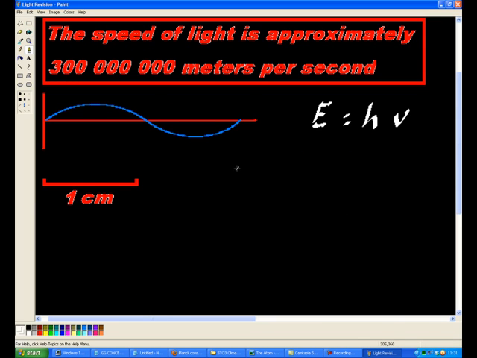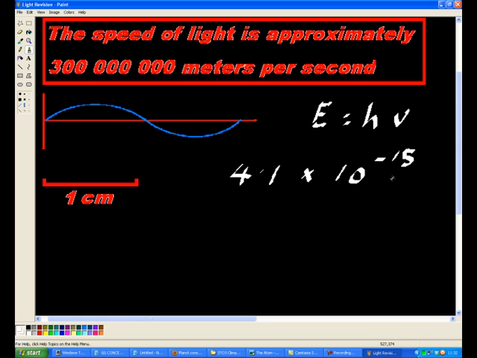If we look up Planck's constant in electron volts, it comes to 4.1 times 10 to the minus 15, which is an incredibly small number. So we said the frequency was 1 wavelength per second, so 1 multiplied by Planck's constant, 4.1 times 10 to the minus 15.